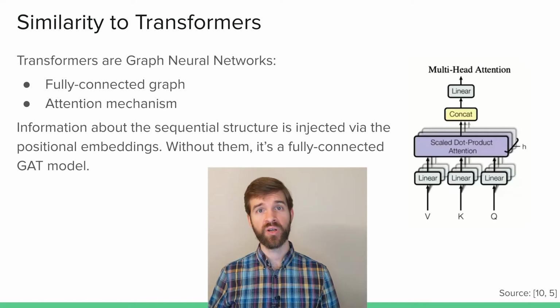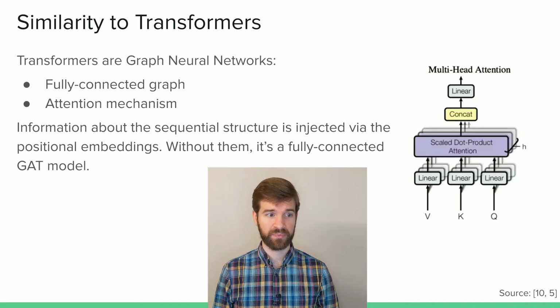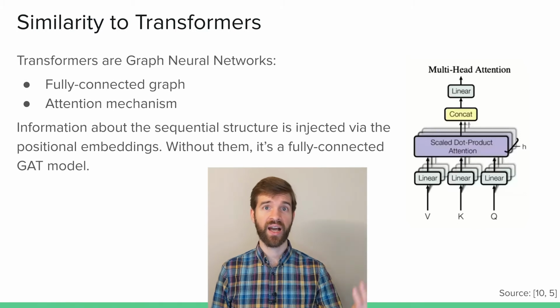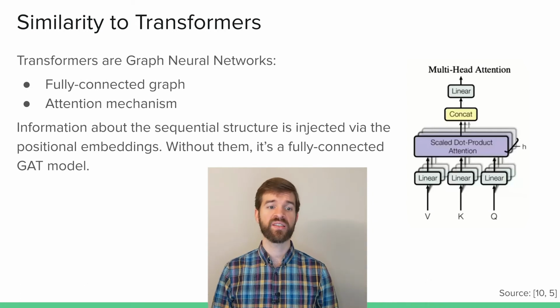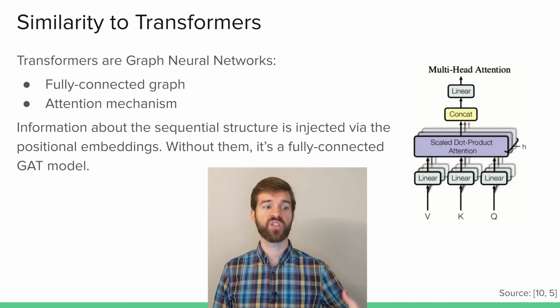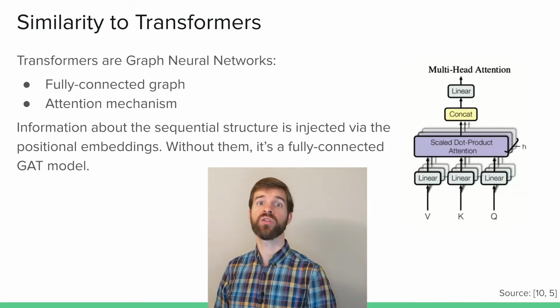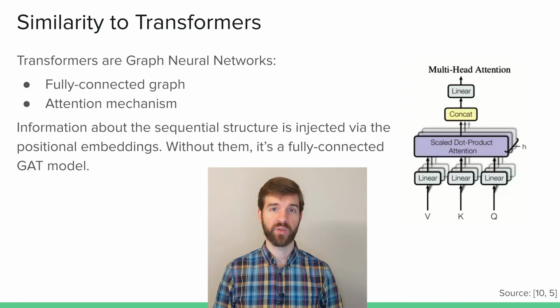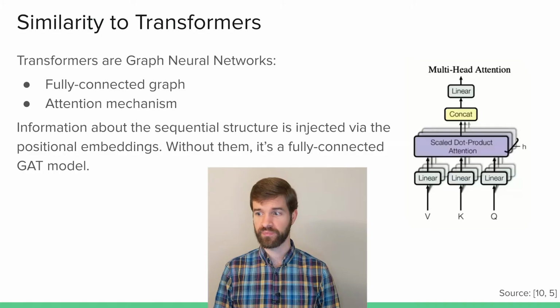So you can view attentional graph neural networks as a generalization of transformers. When you think back to how we use transformers to process sequential data, especially for natural language processing, we added these positional embeddings to keep the information of the order of our input alive. Without them, it's just a fully connected graph attention network.